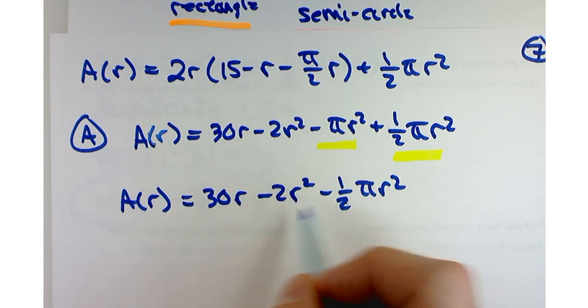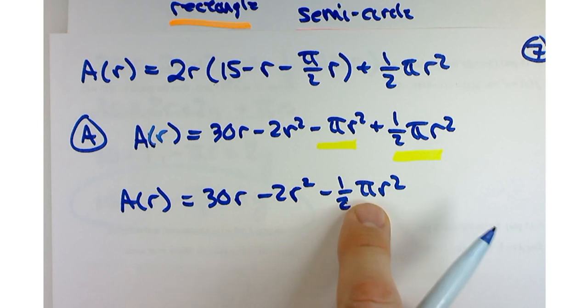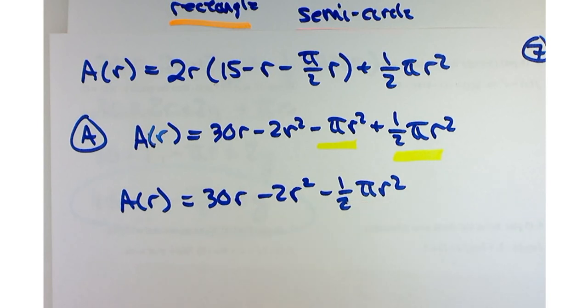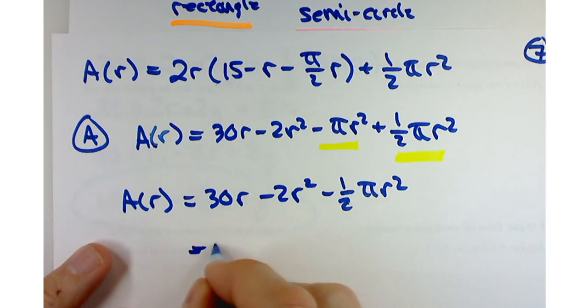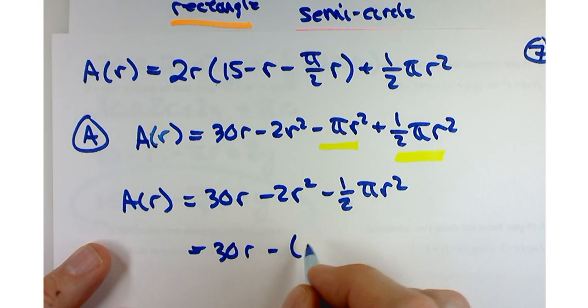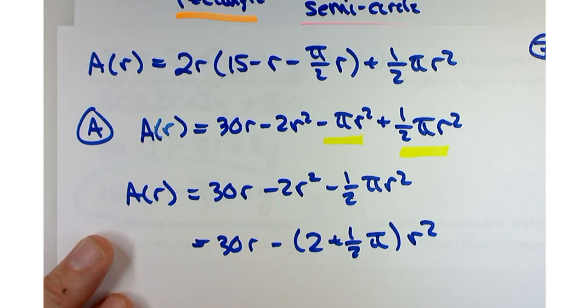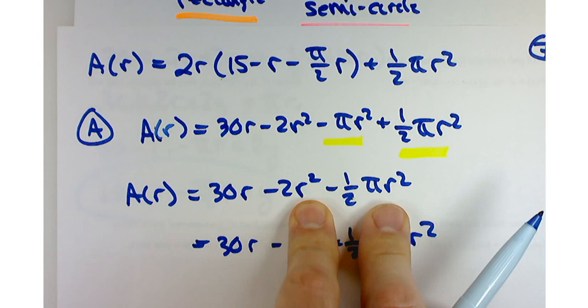Yeah, you could factor out an r squared here, but 2 and the 1/2 pi, it's kind of tough to do those. So you could, if you wanted to, write this as 30r minus, say, 2 plus 1/2 pi times r squared. You could do that, but I'm probably just going to differentiate it from here.